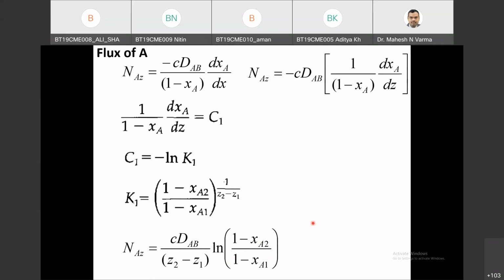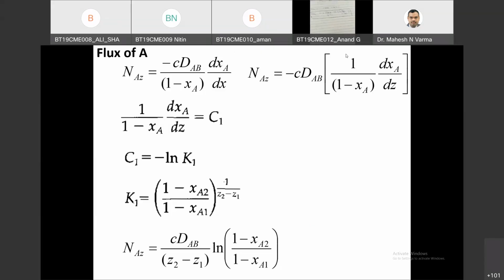So everybody is getting this flux profile? Roll number 12, Anand. Yes, sir. Did you get this flux profile? Yes, sir. Can you show me the flux profile you derived? Hello, sir.